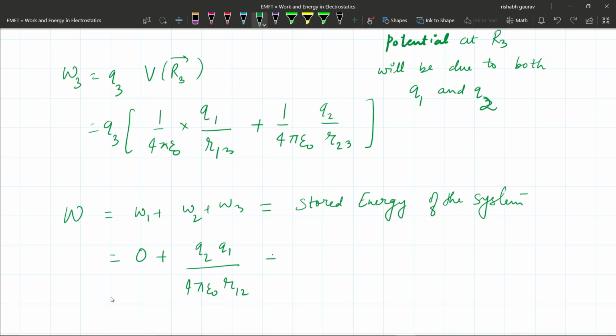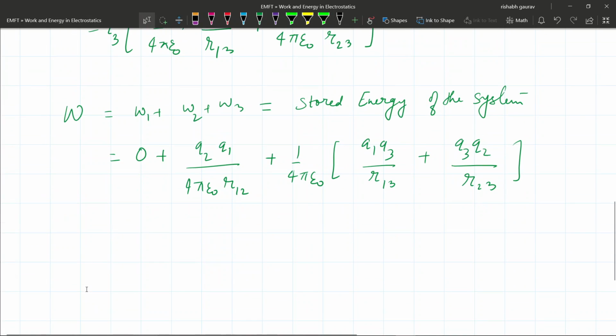Similarly, W3 will be given by taking 1 by 4 pi epsilon naught outside, it will be Q1 Q3 by R13 plus Q3 Q2 by R23.